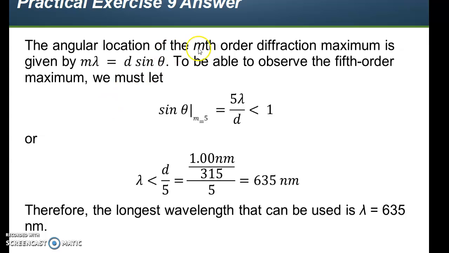So for the mth order, that's going to be sine theta equals 5 lambda over d, for m equal to 5. By the way, this is 1 millimeter. It's not 1 nanometer. Okay, it's 1 millimeter. And what you have to do is set it with a less than.